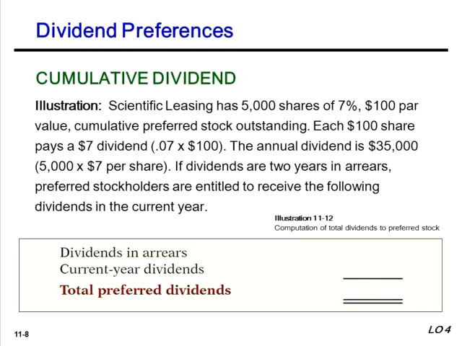If dividends are 2 years in arrears, preferred shareholders are entitled to receive the following dividends in the current year. So they'll get the annual dividend of $35,000. They'll get dividends in arrears, which will be 2 years, which is $70,000. So the total dividend payment would be $105,000. So the preferred shareholders must get $105,000 before the common shareholders can get the current year dividend.